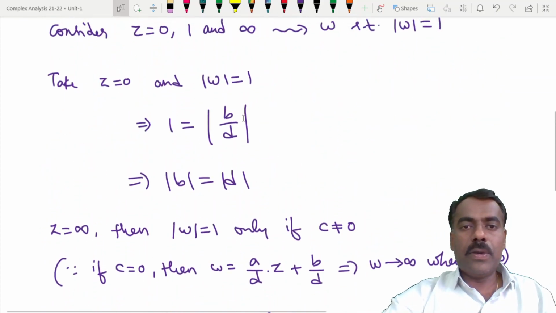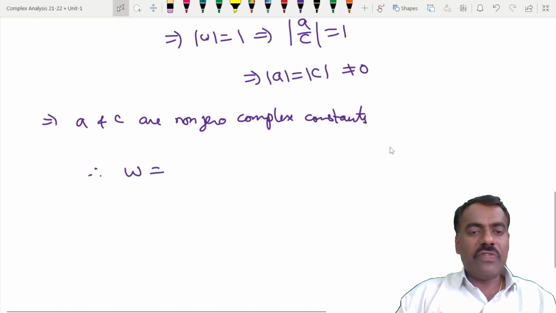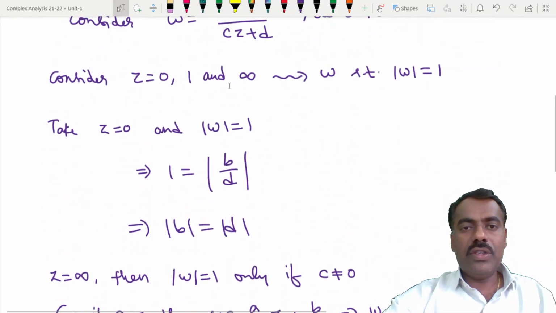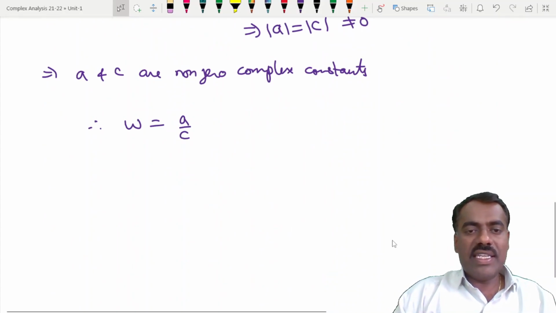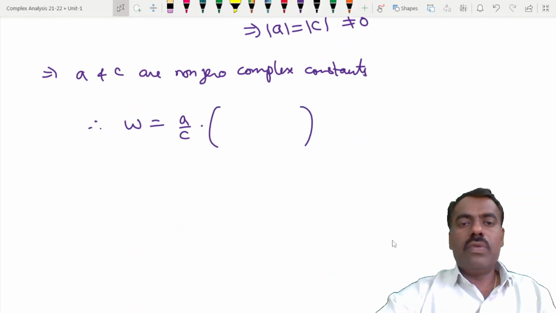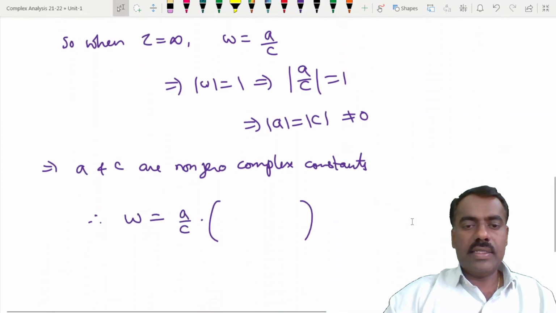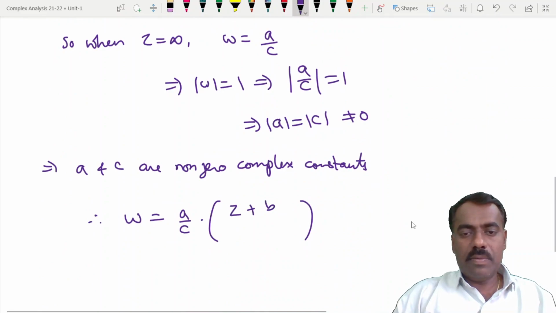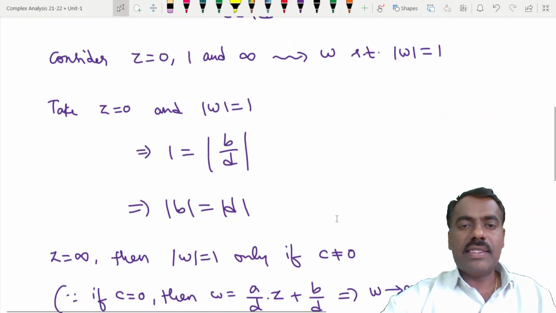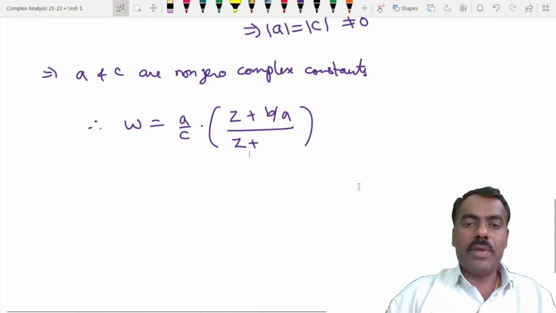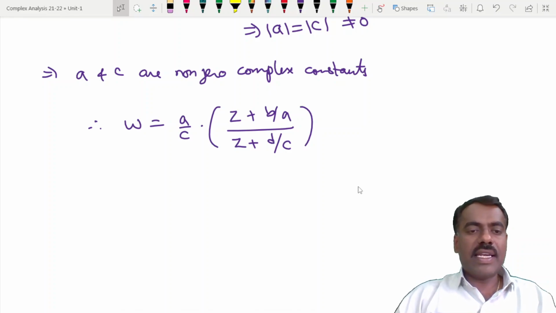So now we can write this W in a better way. W can be simplified further. You take A in the numerator common and C in the denominator. So we can write this as A by C times Z plus B by A in the numerator, then Z plus D by C in the denominator.